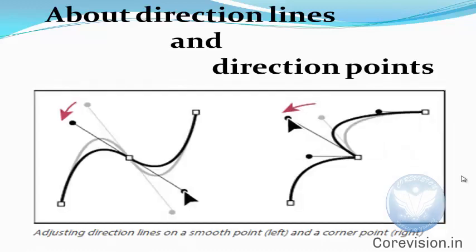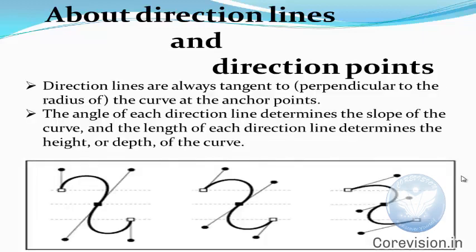This is the example of adjusting direction lines. Adjusting direction lines on a smooth point is given in the left diagram and a corner point in the right diagram. Direction lines are always tangent to the curve at the anchor points.